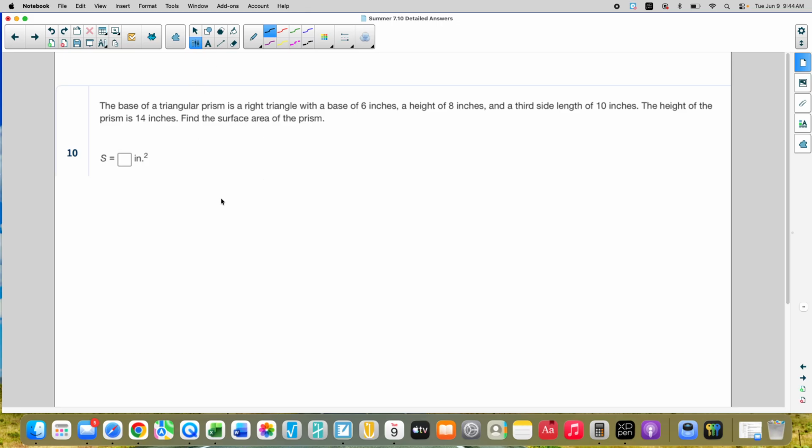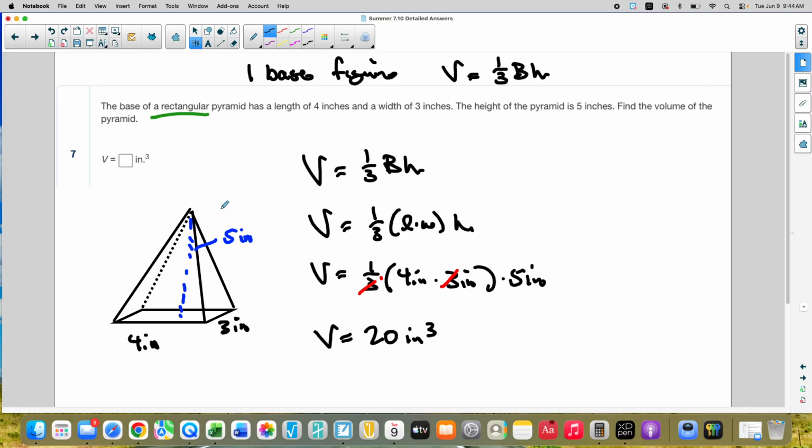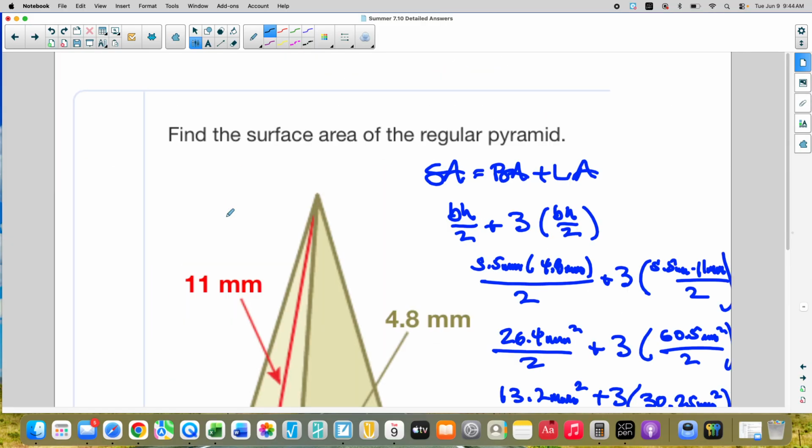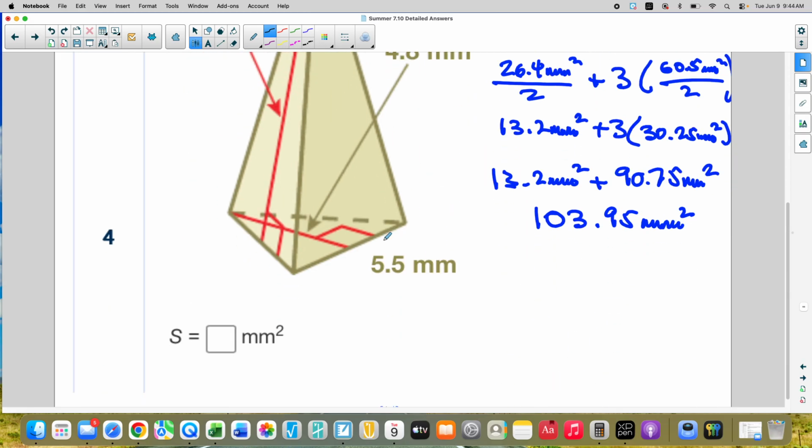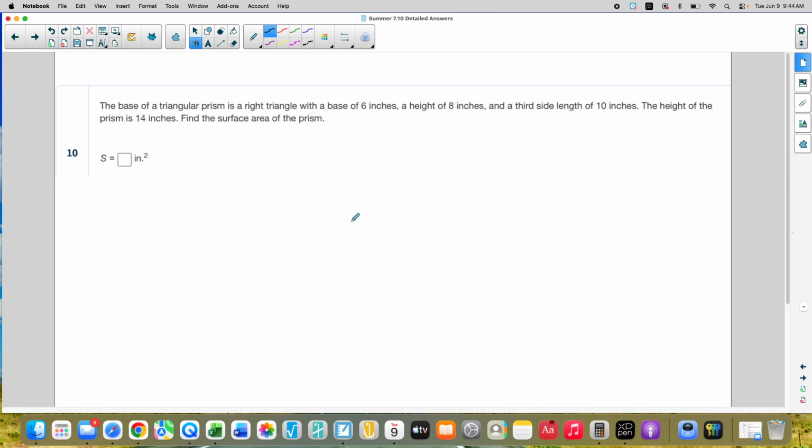So before, when we had a regular bottom, where all the sides of the triangle were the same, not there, not there. Oh yeah, these are regular. So it says a regular pyramid, so this side is 5.5, 5.5, 5.5. That's not going to be the case in this example.